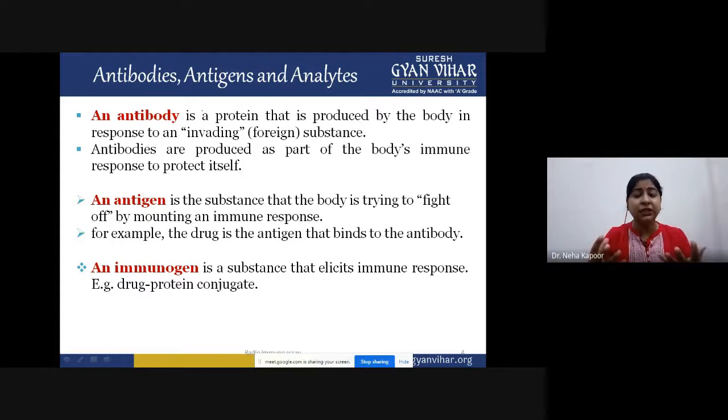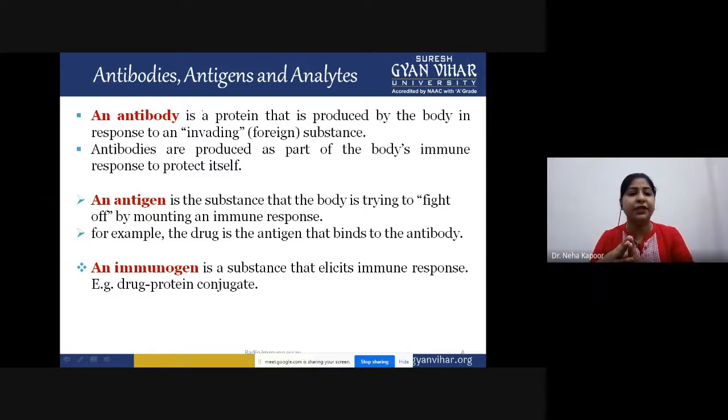An antigen can be anything. It can be a microorganism, either a whole cell microorganism, their small parts, their fragments, their toxins, or sometimes certain kinds of drugs or molecules that we normally take in our routine life. They can also act as antigens that can bind with a specific type of antibody.